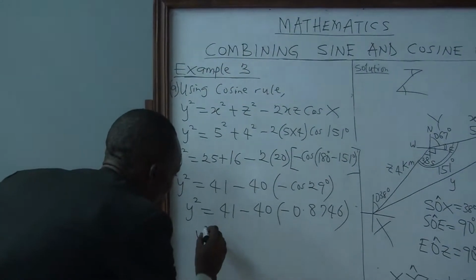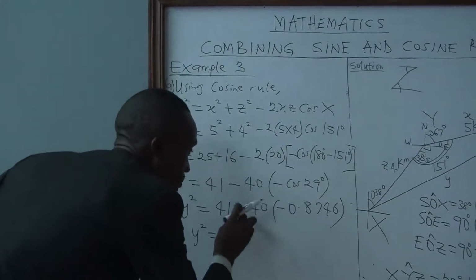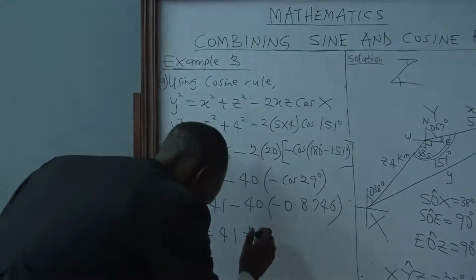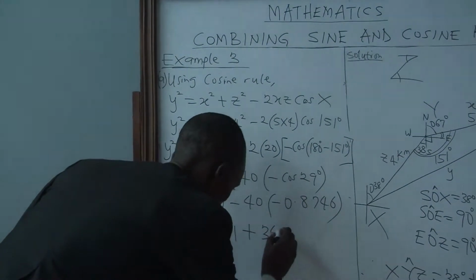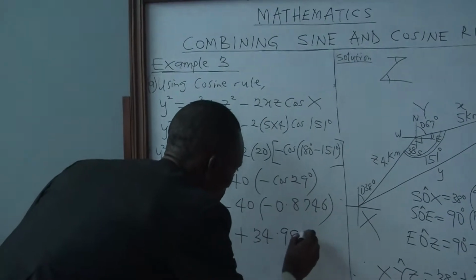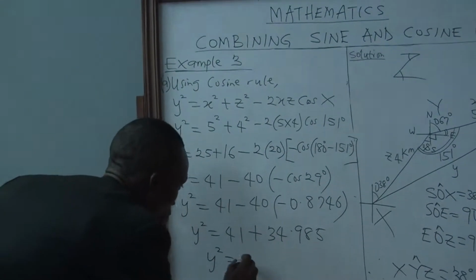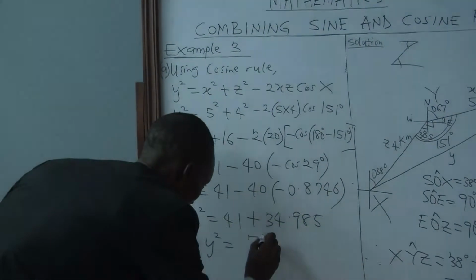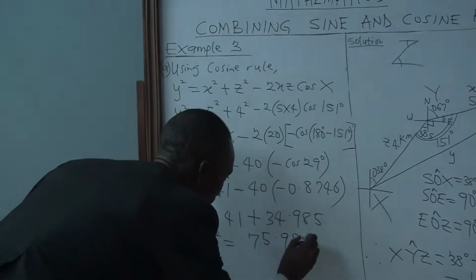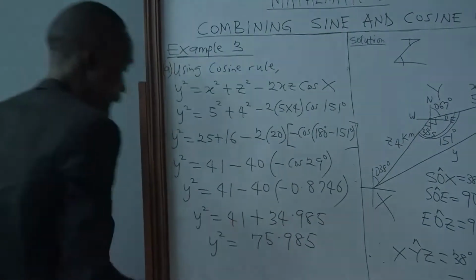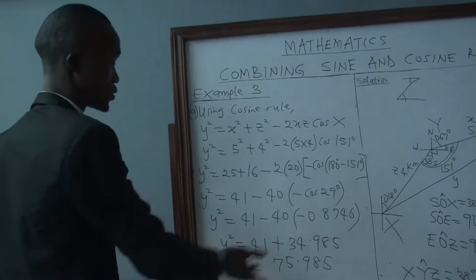And from there we have y squared to be 41, minus multiplied by minus is plus, and that is 34.985. So if you add the two, we have y squared to be 75.985.